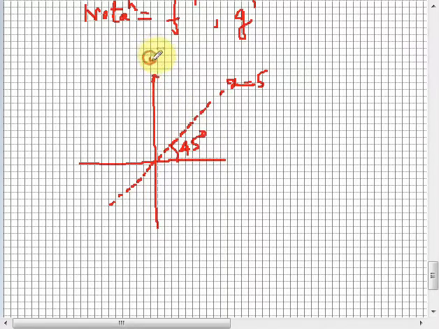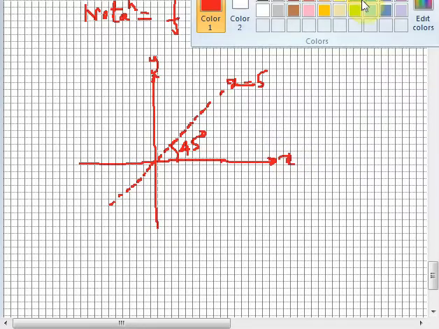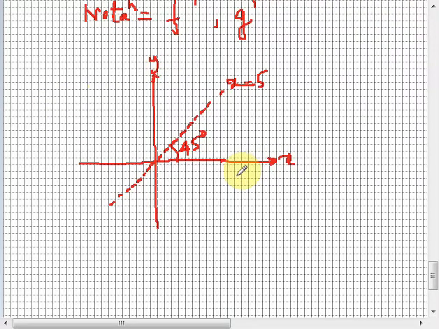If we draw a line at 45 degrees, then the graph of a function and its inverse will be mirror images with respect to this line.